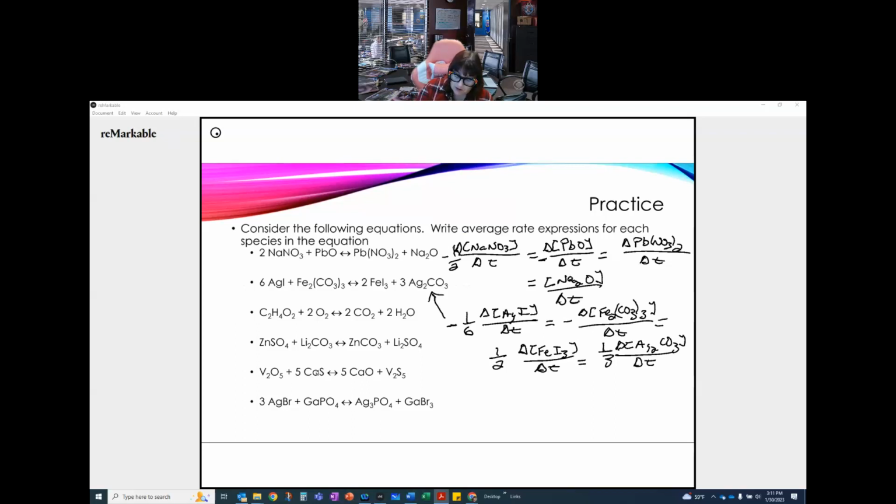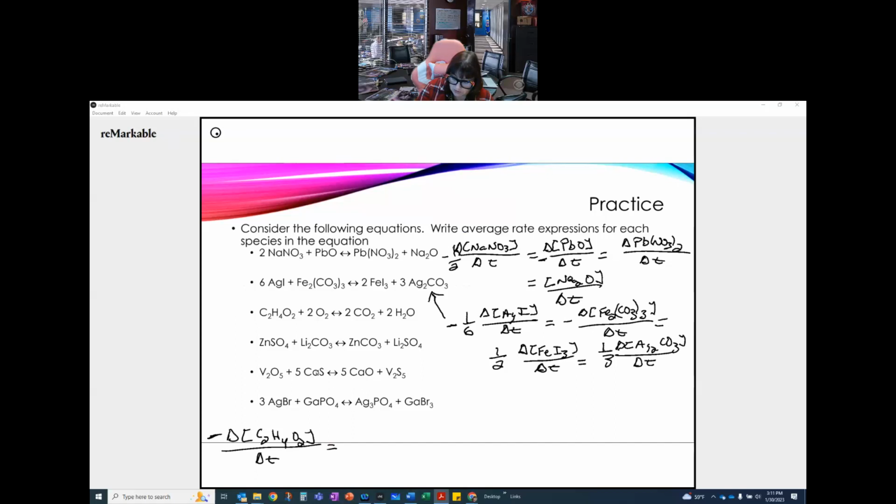I'm going to move my C2H4O2 down here. So I see that that is a 1 in front of it, so it's negative because it's a reactant. Change in concentration of C2H4O2 over the change in time.